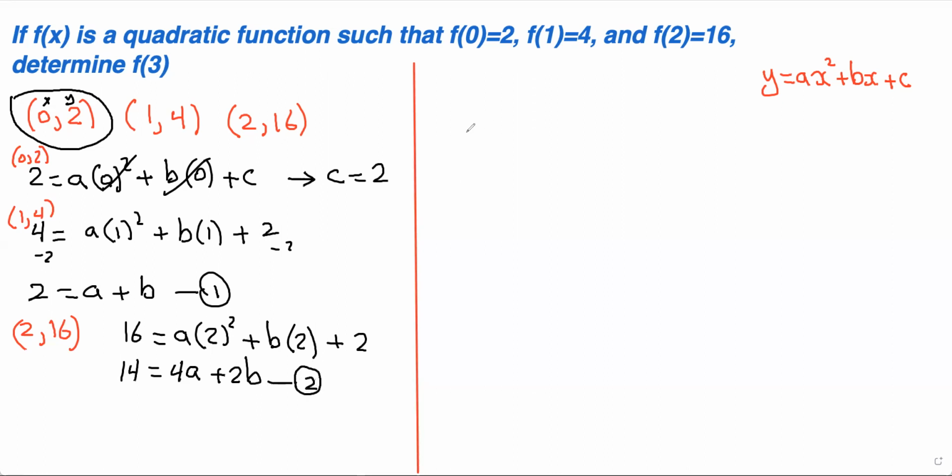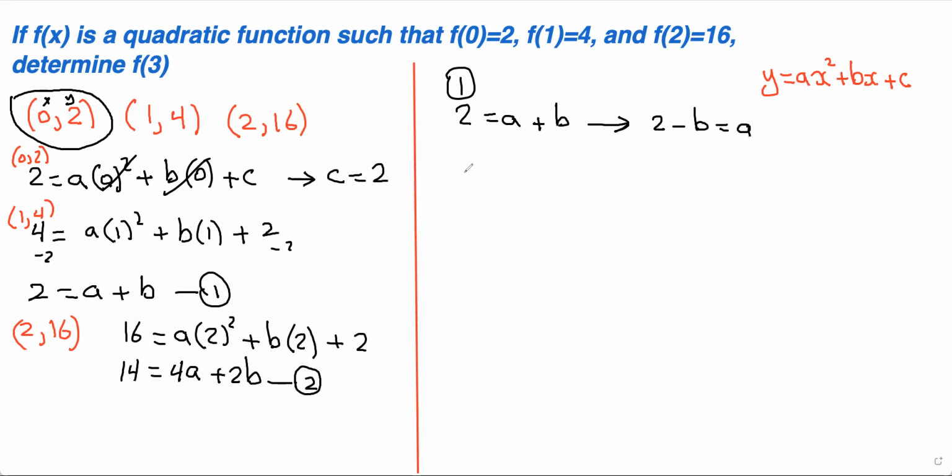So now let's just take equation 1. The 2 equals a plus b. This is equation 1, okay? I'm going to solve this for a, because I think I'm going to use substitution to do this, or b, it doesn't matter. So I could just go 2 minus b equals a.